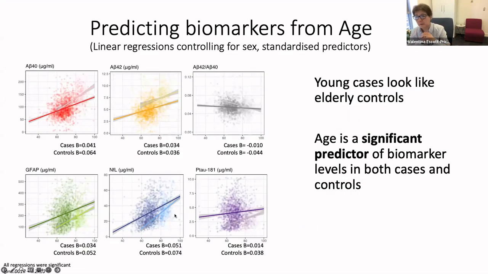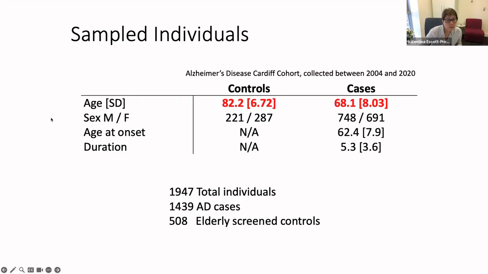And look at the behavior of biomarkers, again, depending on age. On the x-axis we have the age of these people, and on the y-axis we have a biomarker value. The dark red line corresponds to cases, and these are controls, 82.